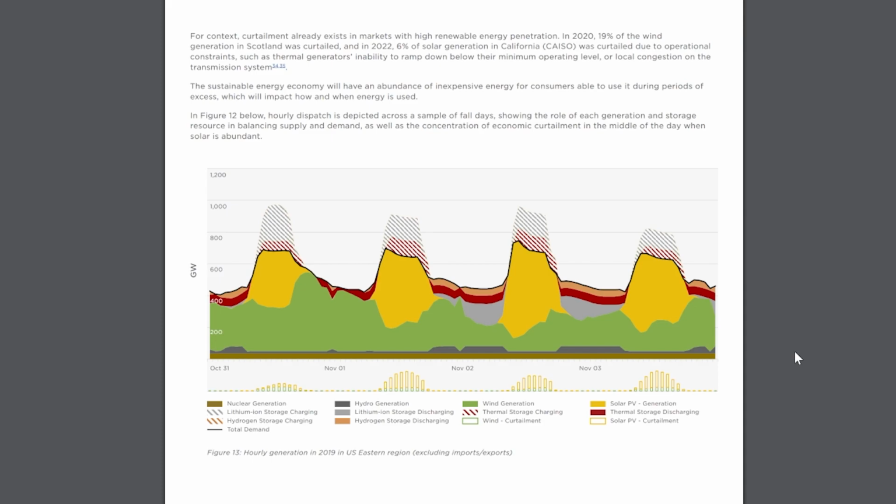And in 2022, 6% of solar generation in California was curtailed due to operational constraints. So we're already starting to see this abundant situation where you have too much, more than you know what to do with. And that's why the storage part of this plan becomes important, because you want to be able to store a good portion of that when you can.